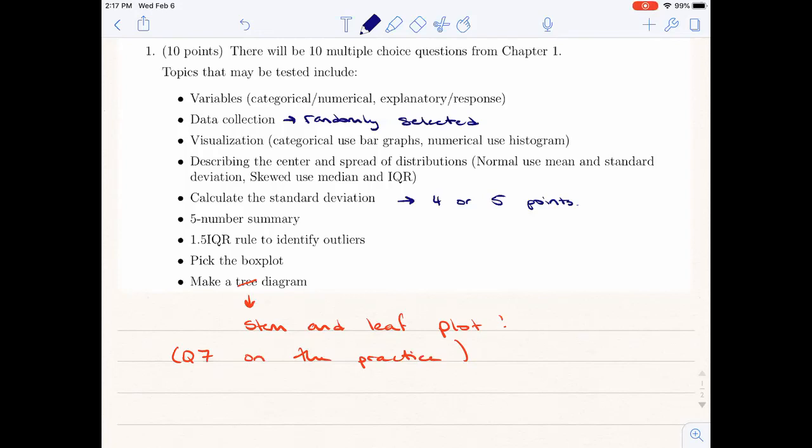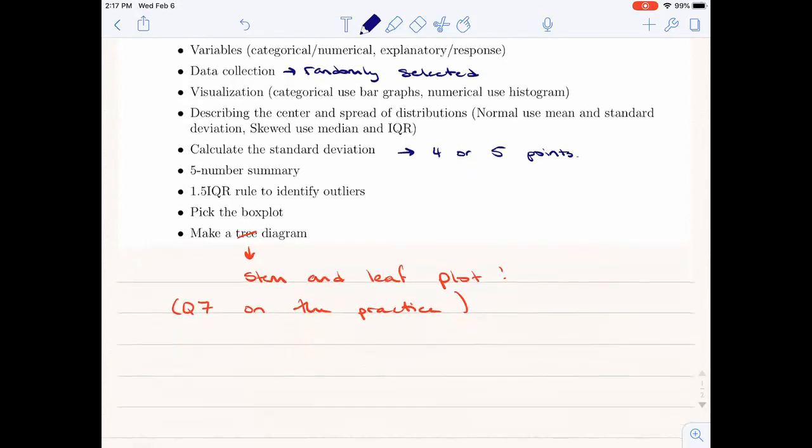Again, if I give you a set of numbers, you have to find the 5-number summary, and then in a multiple choice question, you would just pick the right option. And then use the 1.5 IQR rule to identify if there's any outliers or not. I can't remember what I did, but this could be done just using the 5-number summary, right?